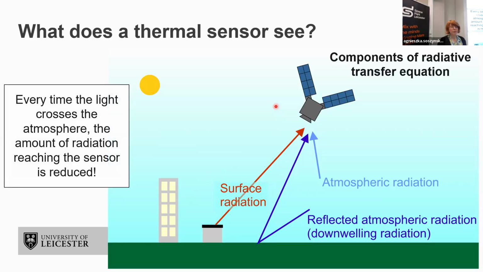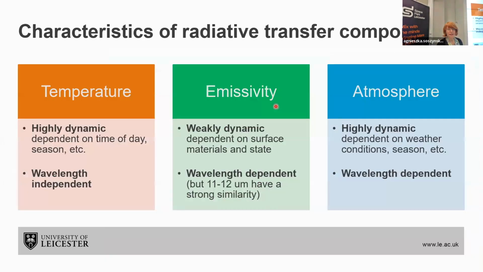What we want to remember are 3 very important components: surface radiation, atmospheric radiation, and reflected atmospheric radiation, sometimes also called the downwelling. Then we also want to understand the characteristics of those components.